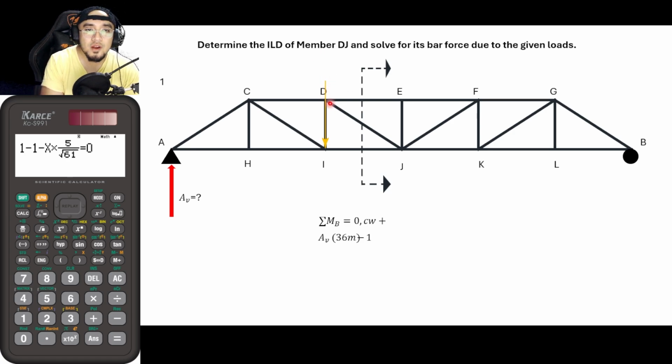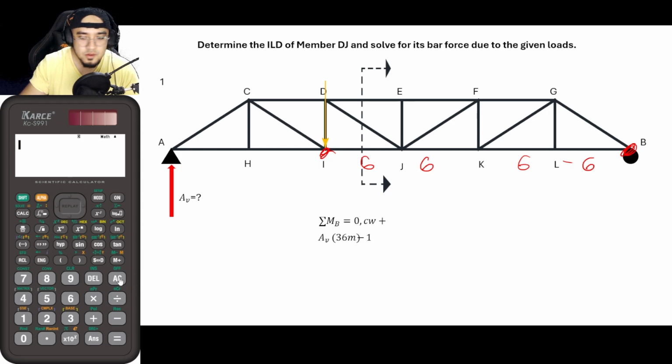And for its lever arm, for its distance, once again, this is 6, 6, 6, and 6. From this point up until this point, we have 4 sixes. So that is now 6 times 4, that is 24. So the lever arm here is 24 meters. So this is now equal to 0.